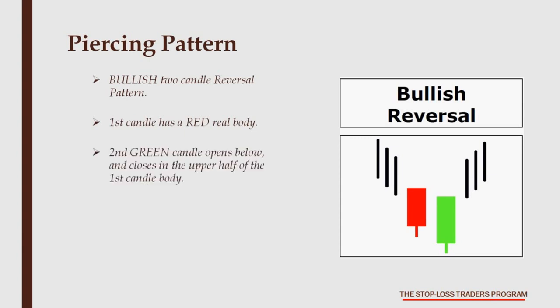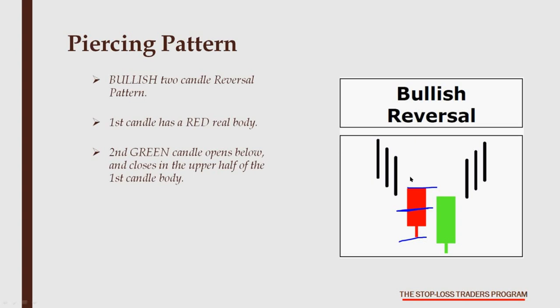The second is a green candle, which, in the ideal case, opens below the red candle and closes in the upper half of the first candle body. Upper half means the high of this candle minus low of this candle, half of that, just the midline. It closes above 50% of high minus low.